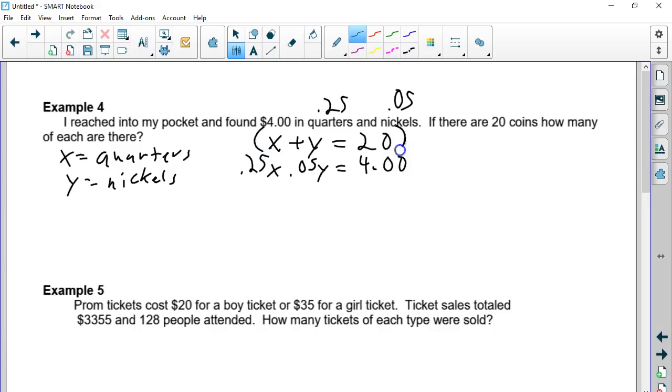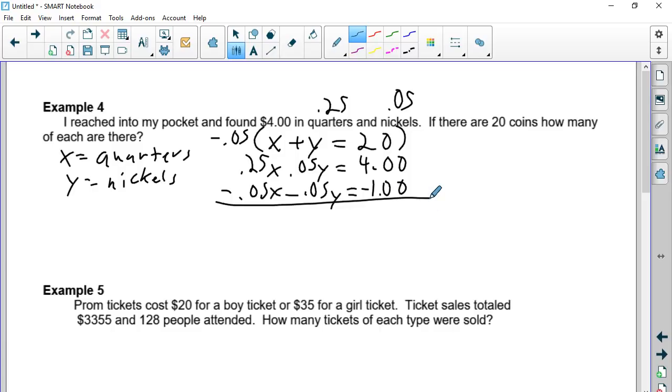So I'm going to get rid of the nickels because it's a smaller value. Negative 0.05. That's going to give me negative 0.05x, negative 0.05y equals 20 times negative 0.05 is negative $1, which makes sense because there's 20 nickels in a dollar.